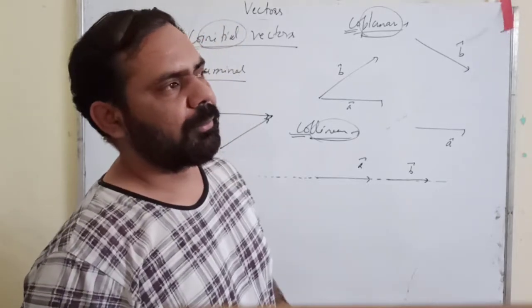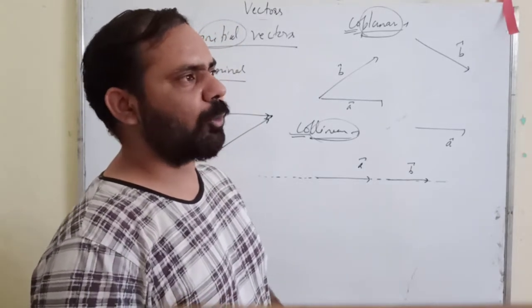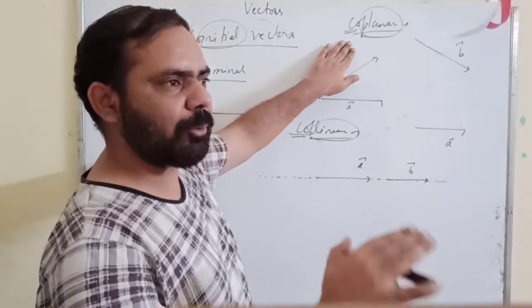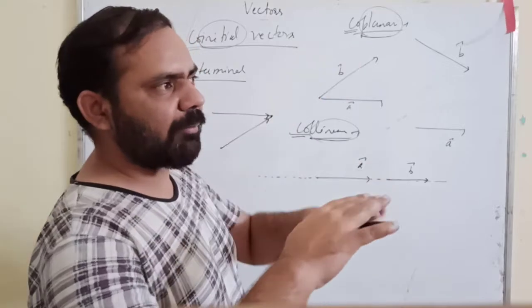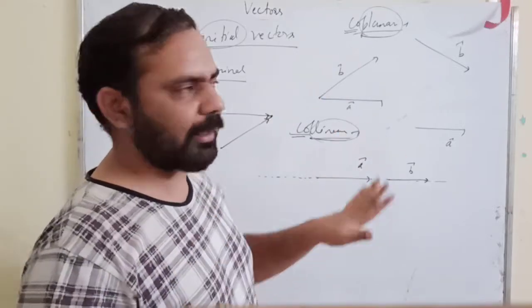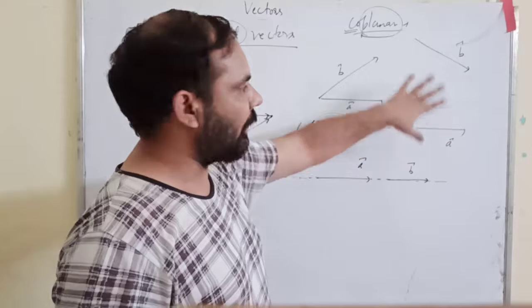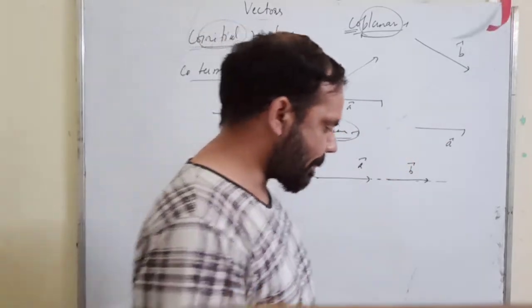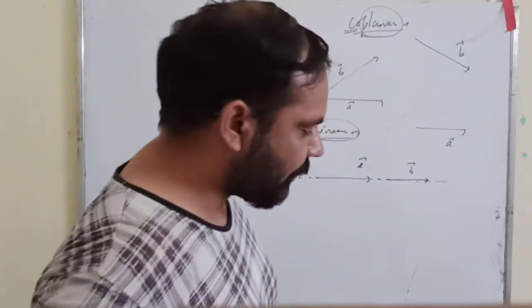Coplanar means only that the same plane can pass through both the vectors, both are part of the same plane. They can be drawn on the same plane, like this board. So it's not necessary that they must be collinear.